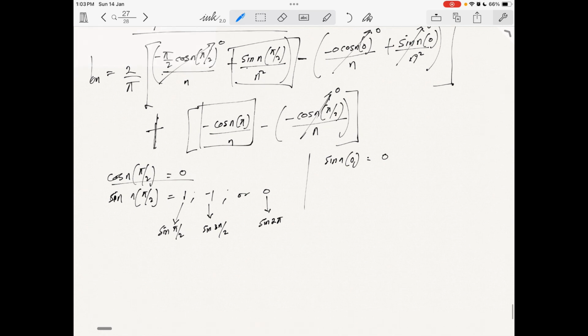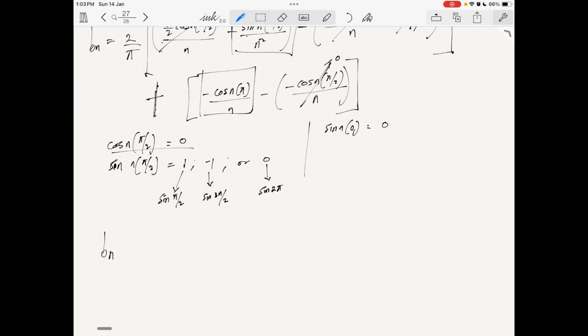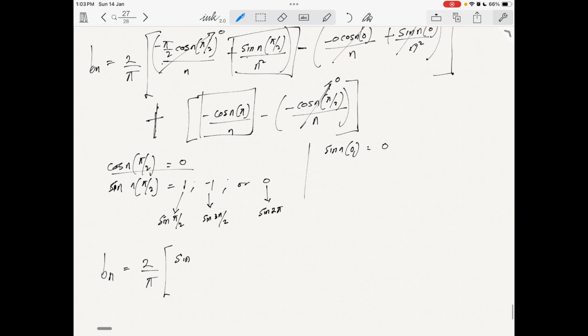So proceeding further, we have that bn is equal to 2 over pi into sine n pi over 2 divided by n squared plus minus cos n pi over n.